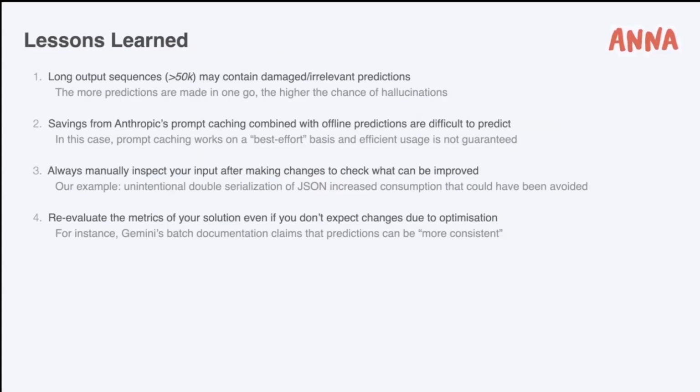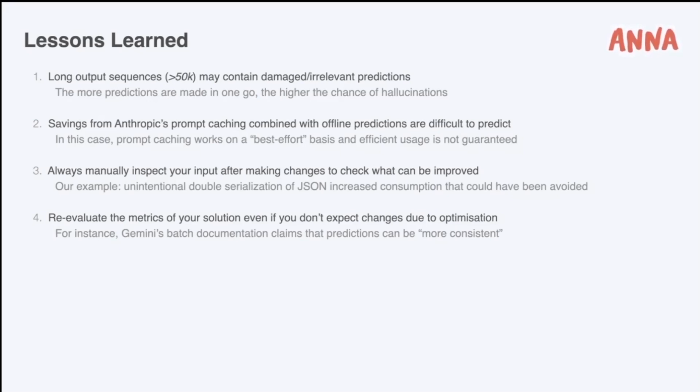So when we enabled longer predictions for more than 100 transactions, we noticed that it increased the share of irrelevant predictions. Each output should contain a transaction ID.